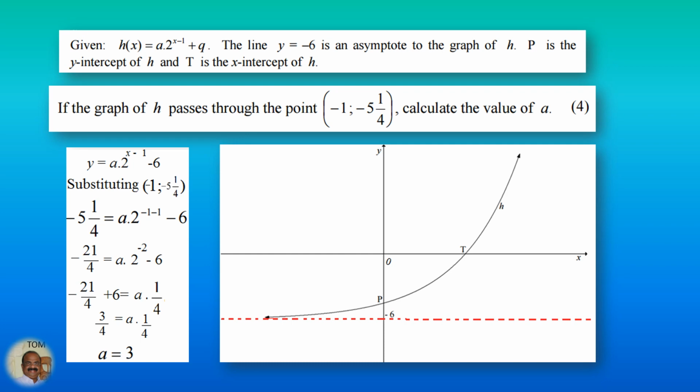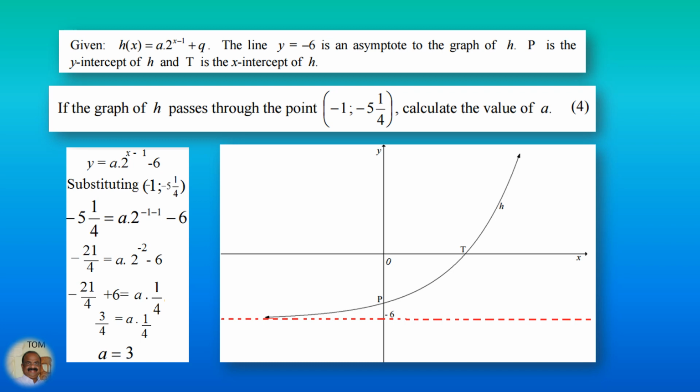-1, -5¼ lies on the graph, we will substitute that point into the given equation. So we have y equal to a times 2 to the power x minus 1, minus 6, the equation. So we substitute.